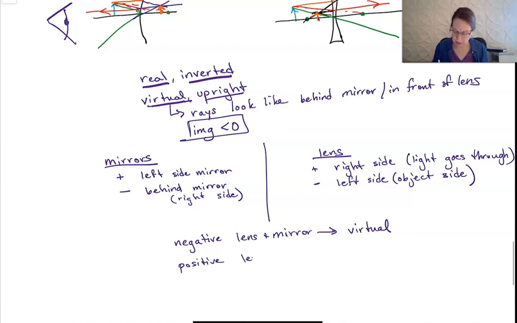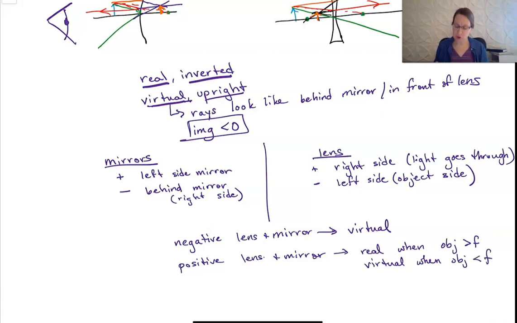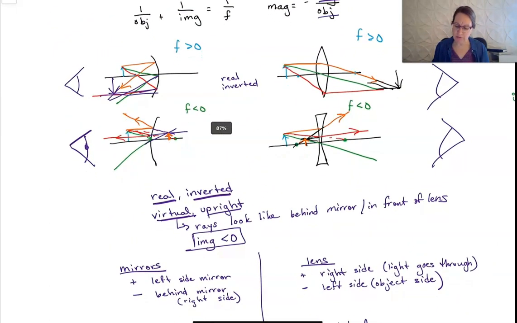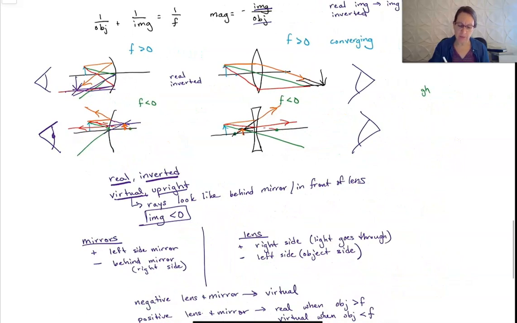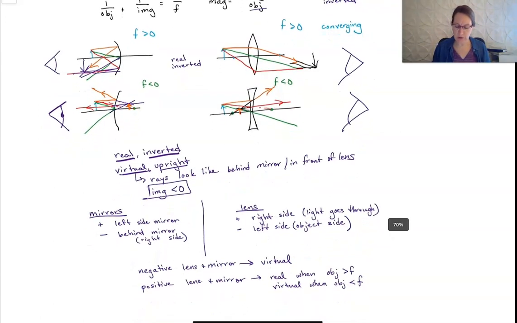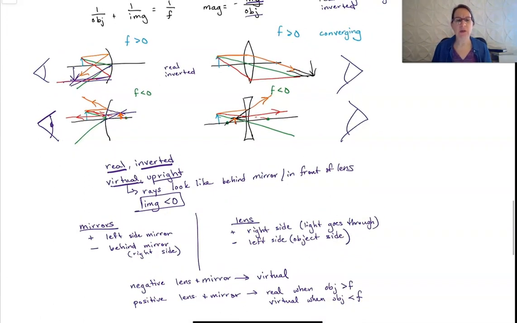Positive lens and mirror gives us real when object distance is greater than the focal length, and gives us virtual when the object distance is less than the focal length, which I didn't draw up here, but I did in some of the examples. So this is sort of your summary of where everything fits here, and showing the rays that we use to set up ray diagrams to see where images are located.